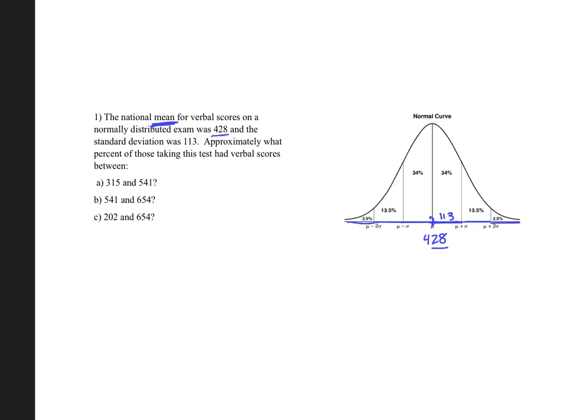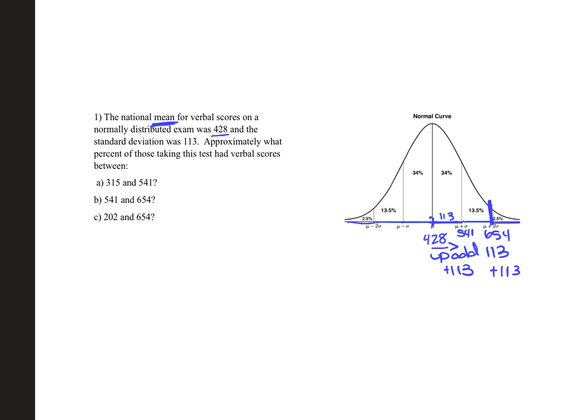So if I want to go up, I'm going to add 113. The first 113 I add, I get 541 for one standard deviation up. And then if I add 113 again, I get 654. So the highest score here for the 95% would be 654.